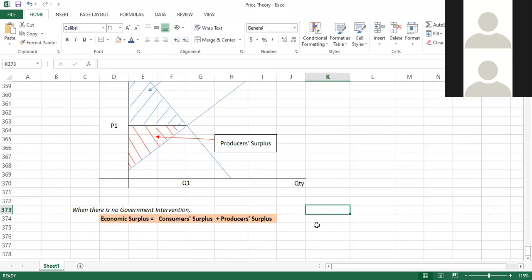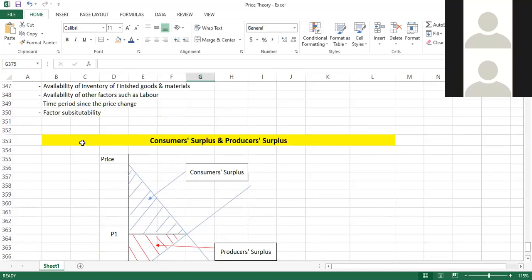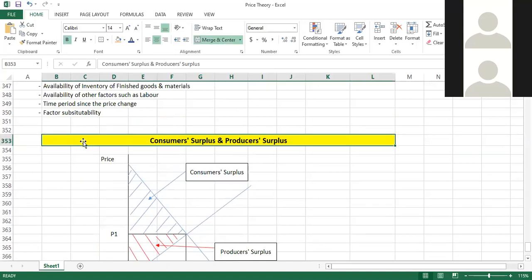So we have to consider what is the impact to the government, whether the government is getting a benefit or whether the government has a cost of this intervention, and that should be adjusted, right? But if there is no government intervention, only the consumers and producers are there for a particular product, then the economic surplus for that particular product is equal to the consumer surplus plus producer surplus. Okay, so consumer surplus and producer surplus, is that clear? Yeah. Right.